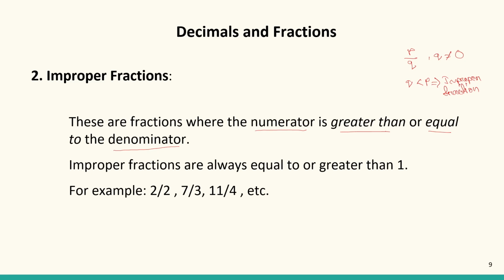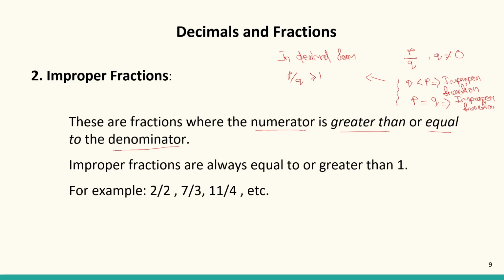If p is equal to q, even then we can say that this is an improper fraction. While writing this in decimal form, we can see that p by q is greater than or equal to 1.